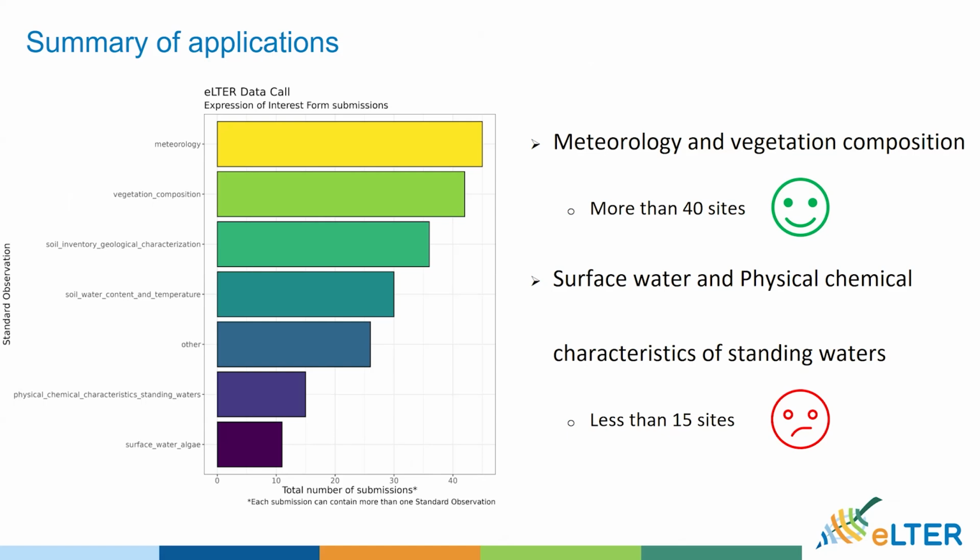On the other end, we got a few but not so bad amount of offers from surface water and physical chemical characteristics of standing waters, both with less than 15, but still a good number. You can also see on the graph that the other type of data was quite well represented, and we need to dig into that and see what this will look like. But it offers a good opportunity for us to explore the different types of data sets that can come to eLTER in the future.